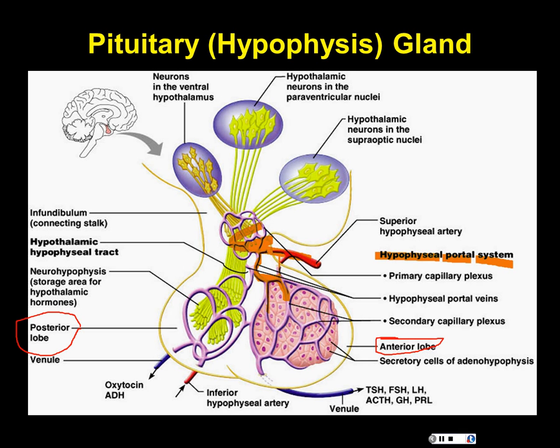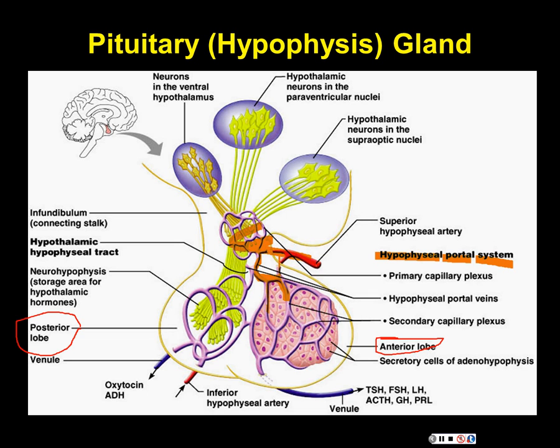Okay? And the hypothalamo-hypophyseal portal system, might as well add it here as we're speeding through the semester. It takes trophic hormones from the hypothalamus straight to the anterior pituitary.